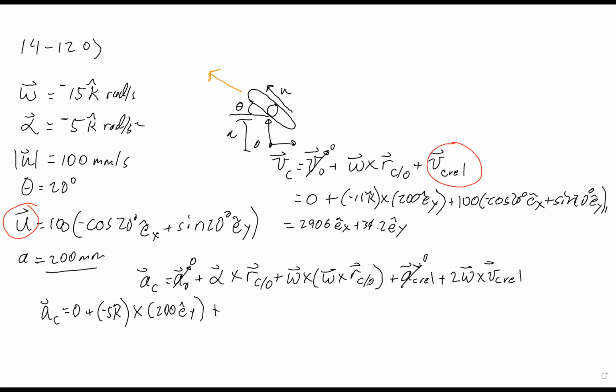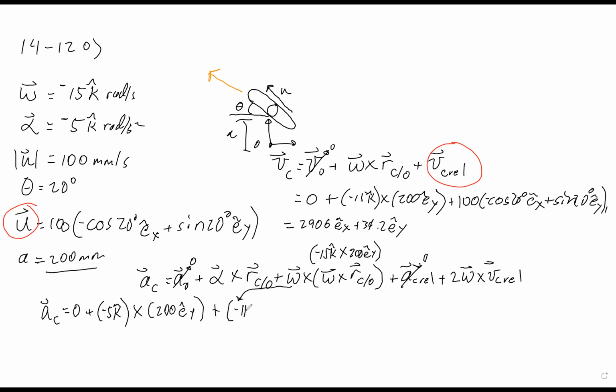So omega cross r is going to be negative 15 k hat crossed with 200 e hat y, and that is going to turn into 3,000 e hat x. But first, let me put the first omega again.